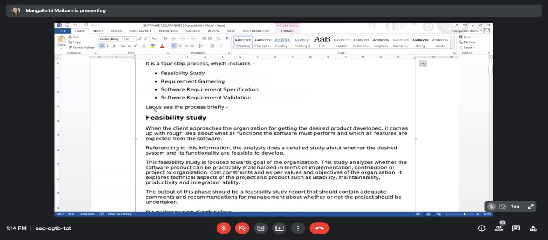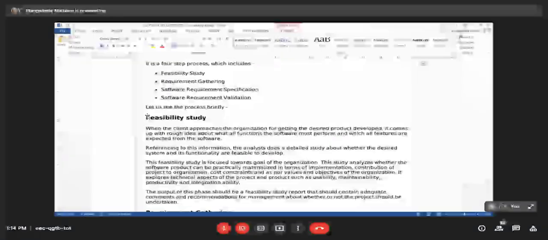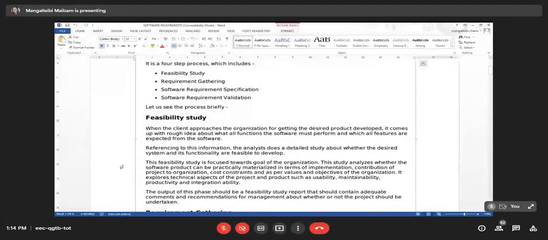The output of the feasibility study will be a number of comments and recommendations, about what to do and what not to do. Once again, feasibility study focuses on the goal of the organization.